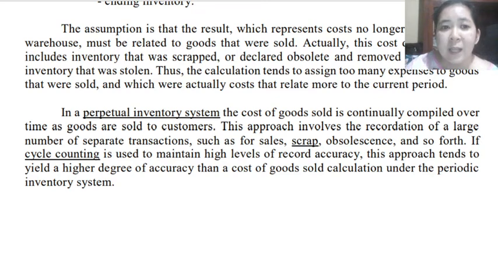So if cycle accounting is used to maintain high levels of record accuracy, this perpetual inventory system approach tends to yield a higher degree of accuracy compared to the periodic system, because here they always account for whatever transactions relate to the inventory.